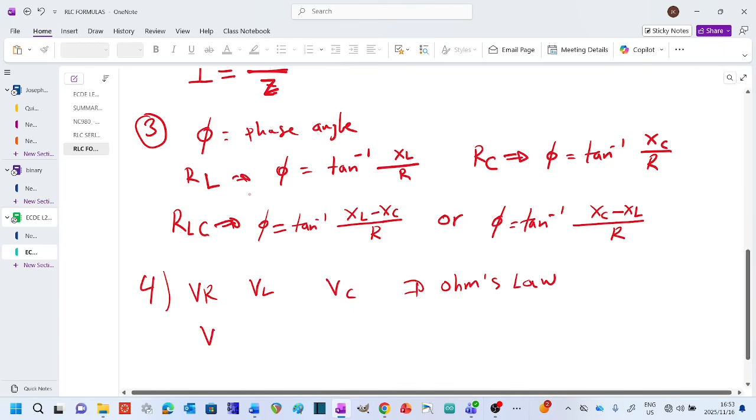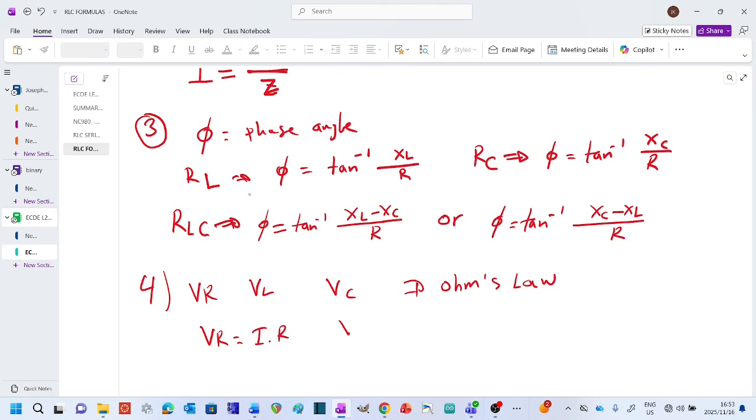So for VR, what is the formula for Ohm's law? It is I times R. For VL, it is I, because in a series circuit there is only one current, times XL. Please remember, not L. The resistance for inductance is XL.